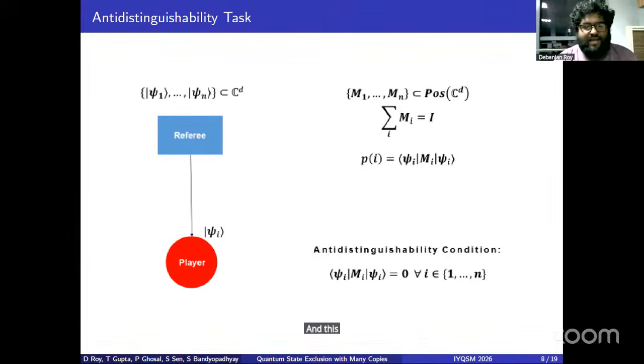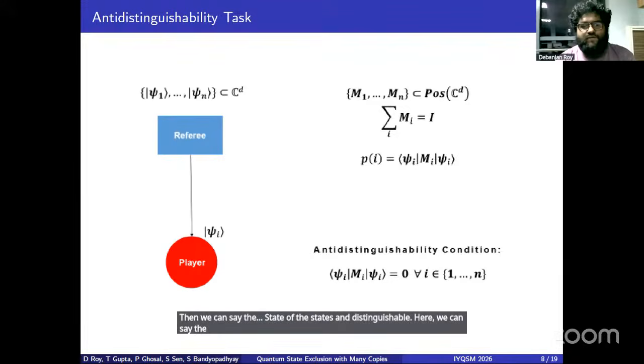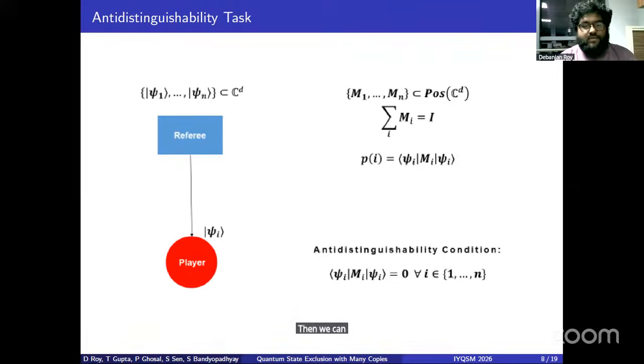If the player can answer this question perfectly in every run, then we can say the set of states is anti-distinguishable. Here the probability of getting the outcome i is given by the Born rule again, and if this expression equals 0 for every i, then the set is anti-distinguishable.